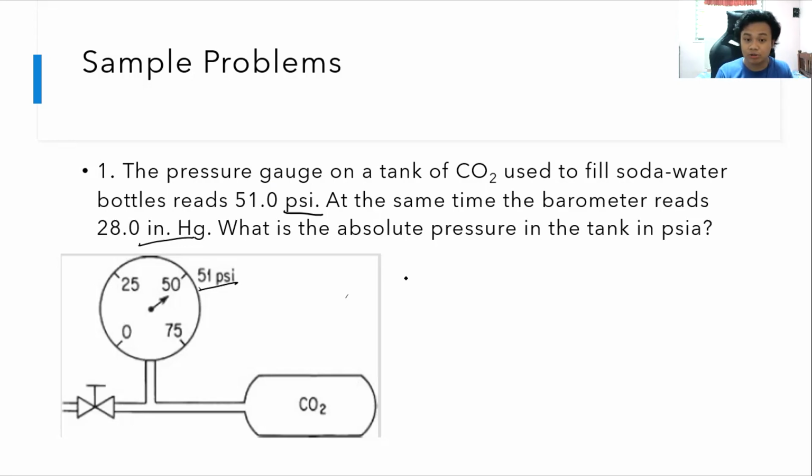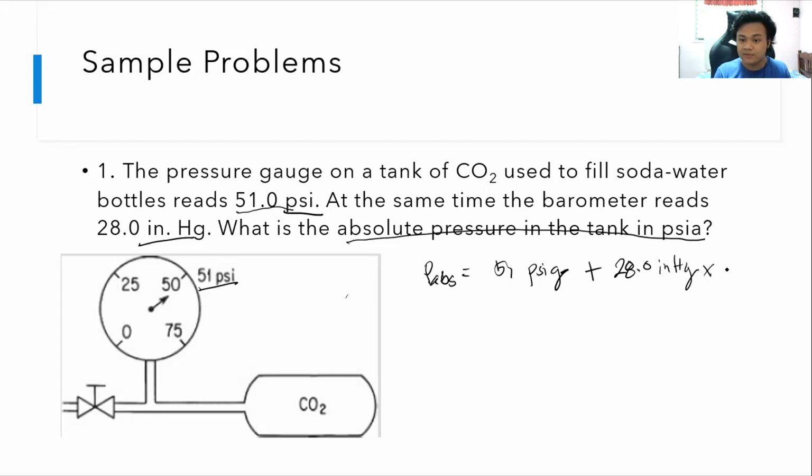So we are tasked to find the absolute pressure in the tank in PSIA. We have now the 51 psi, so we will not convert that anymore. So P absolute is equal to 51 psig, so this is in gauge, plus the 28.0 inch mercury.